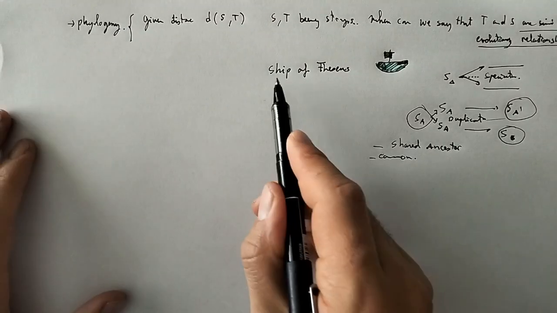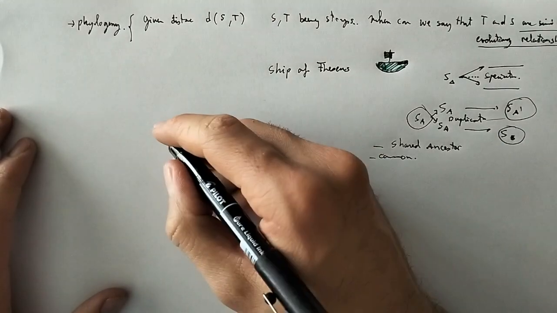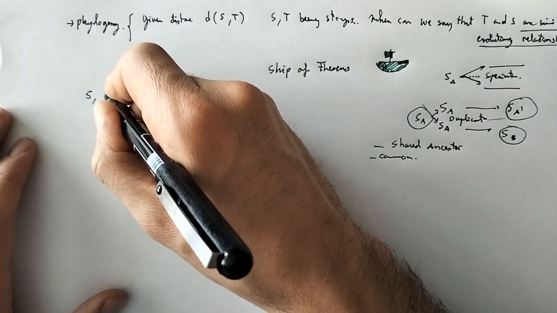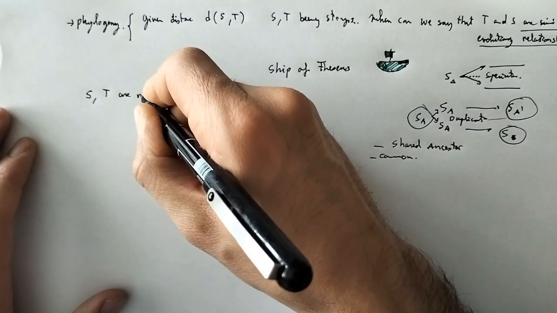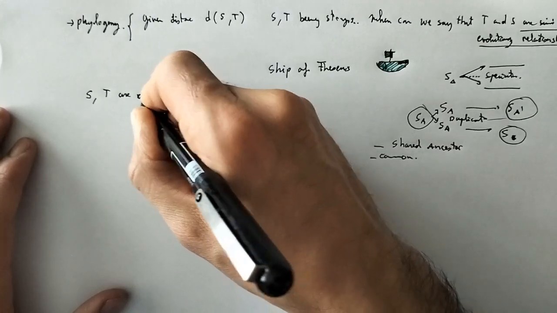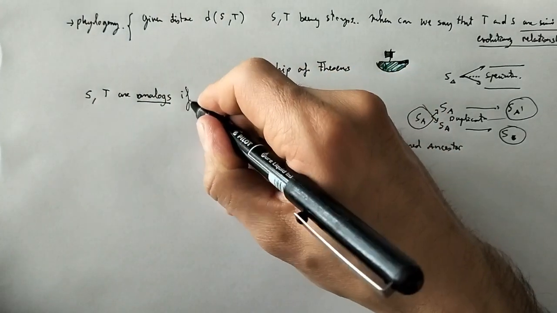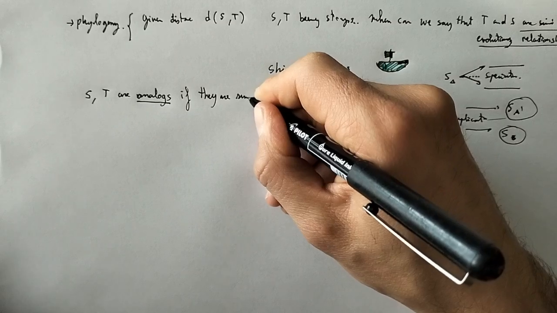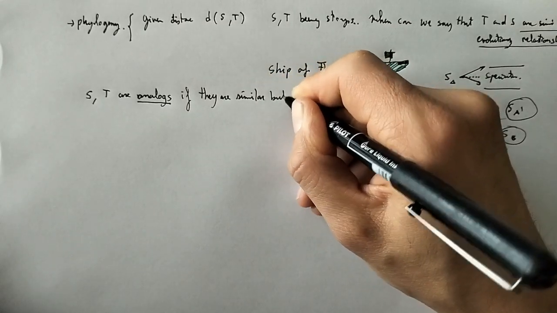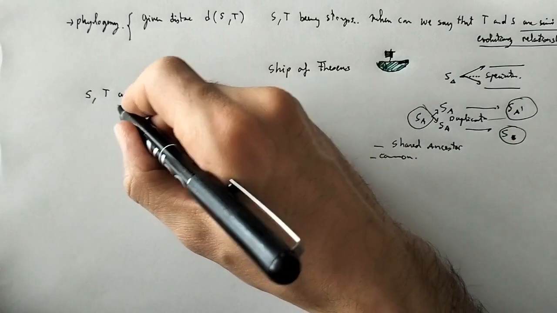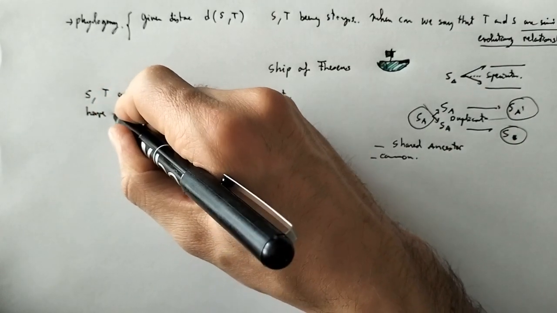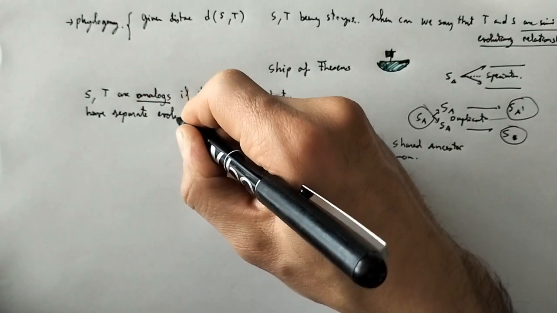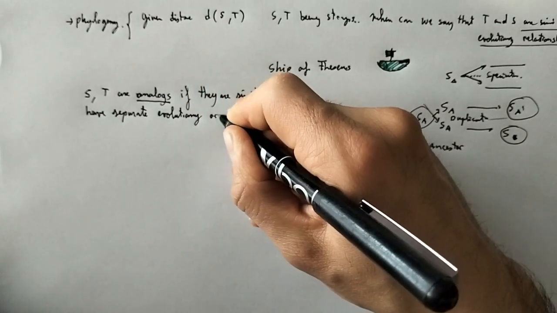Now before explaining this, let's give some definitions. So we will say that S and T are analogs if they are similar but they have separate evolutionary origins.